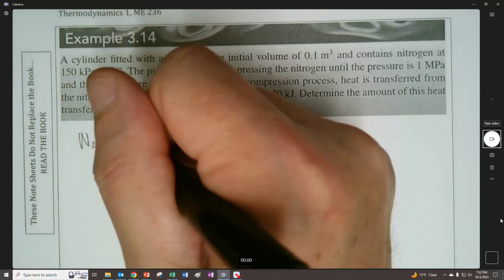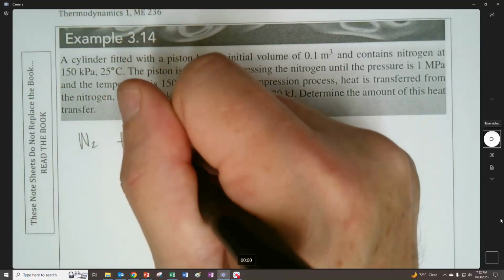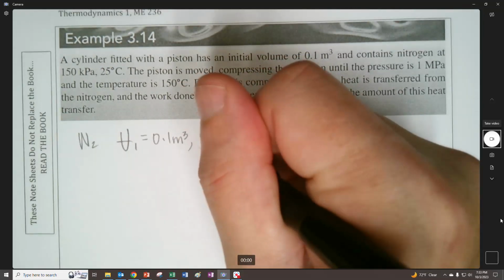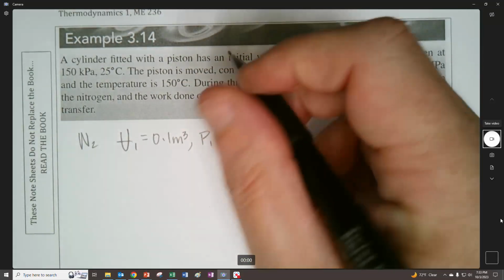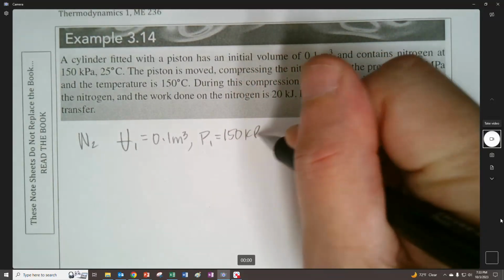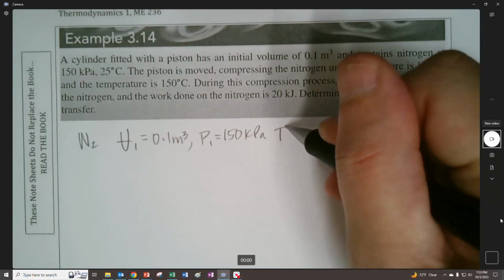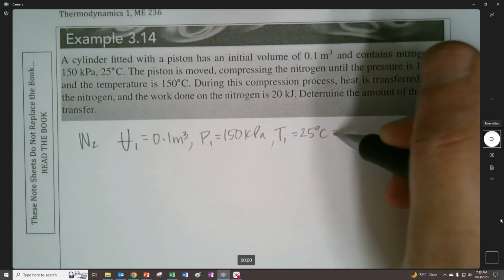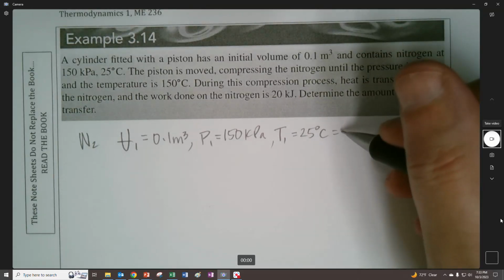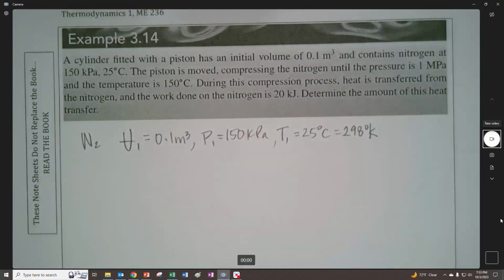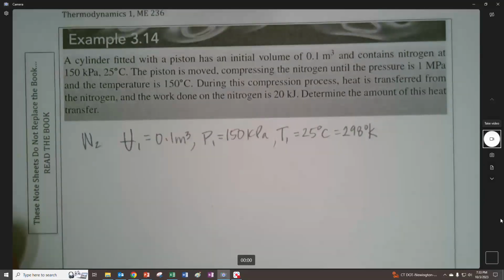So we have nitrogen. At state 1, the volume is 0.1 cubic meters, the pressure is 150 kilopascals, and the temperature is 25 degrees Celsius. We could add 273 to that and get 298 Kelvin, not a bad idea in some of these problems.